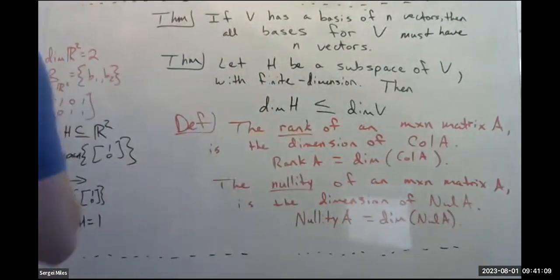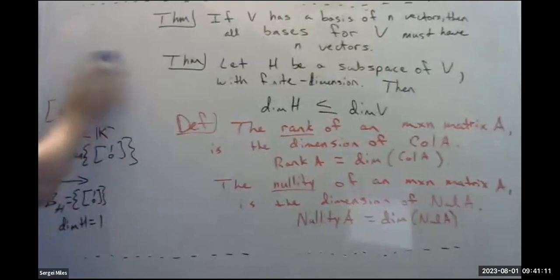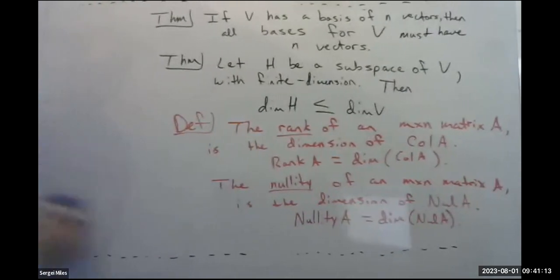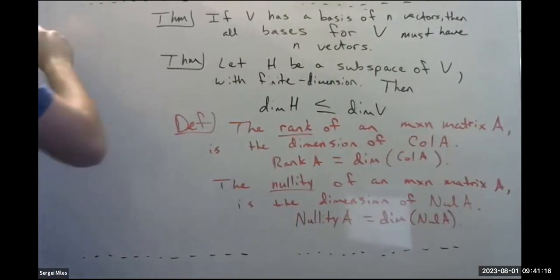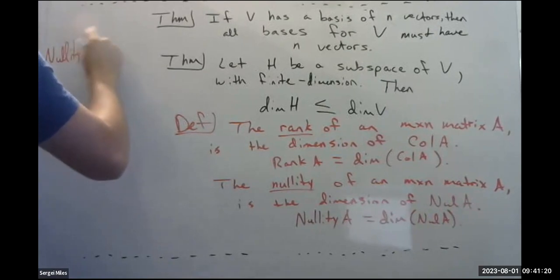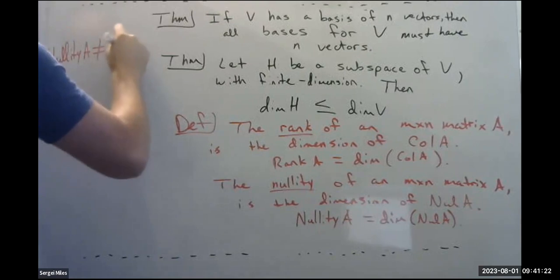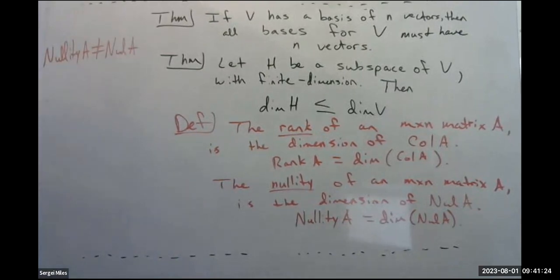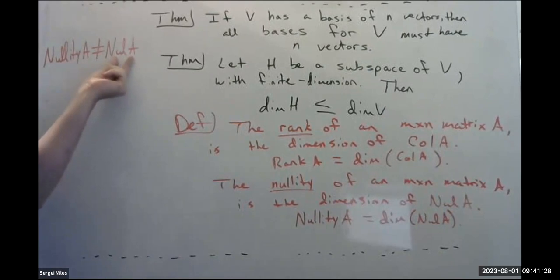Now you want to be careful with notation here. Nullity does not equal null, right? Nullity of A does not equal null of A. Why? The null of A is a subspace. It's a vector space, a set of vectors.